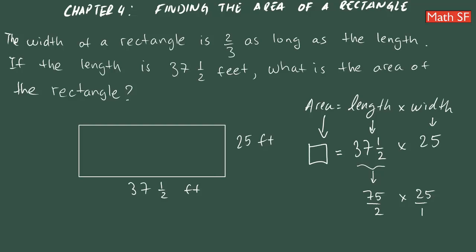When we break the 75 down, it was 3 times 5 times 5, and this 25 is 5 times 5, over 2 over 1. There's nothing to cancel there. They don't have anything in common. So we just multiply them straight across.